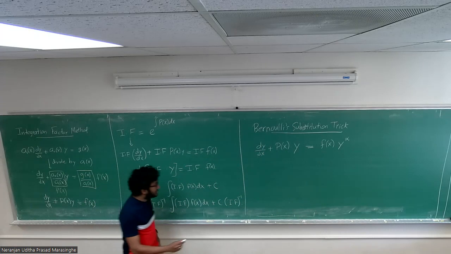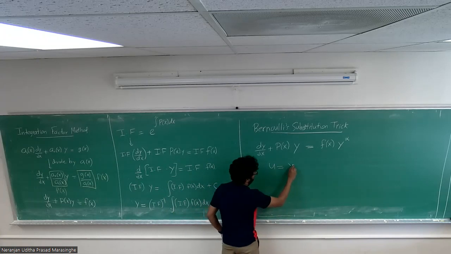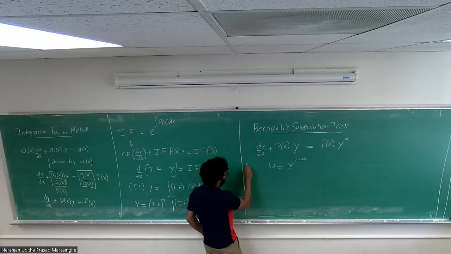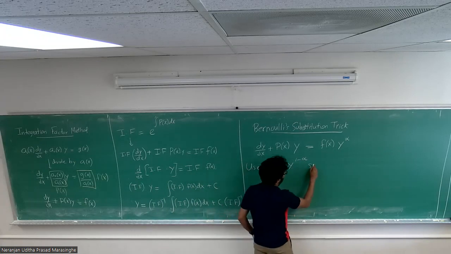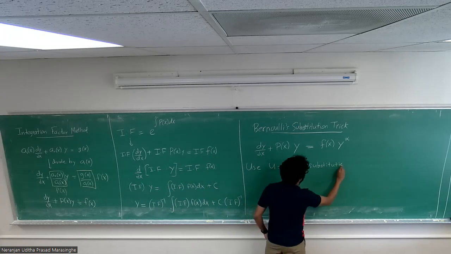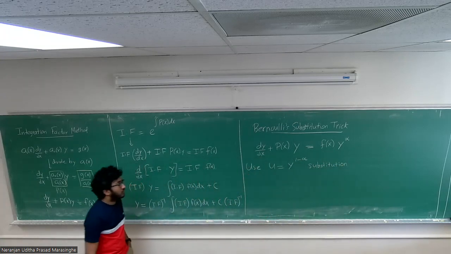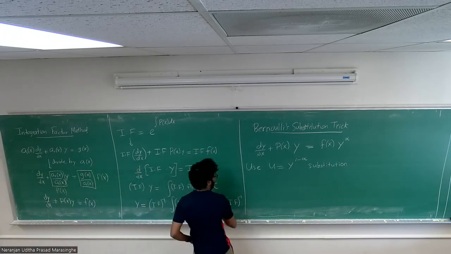Okay, so this is the substitution that you have to do. It's going to be u equals y to the power 1 minus alpha. Use the substitution u equals y to the power 1 minus alpha. This is very important, right?